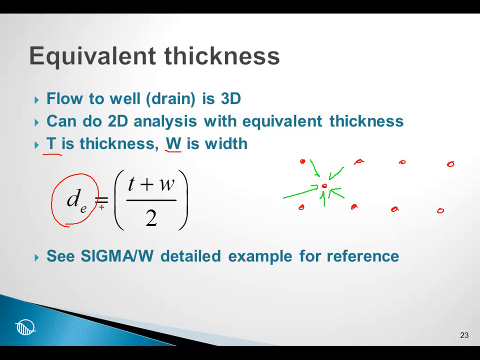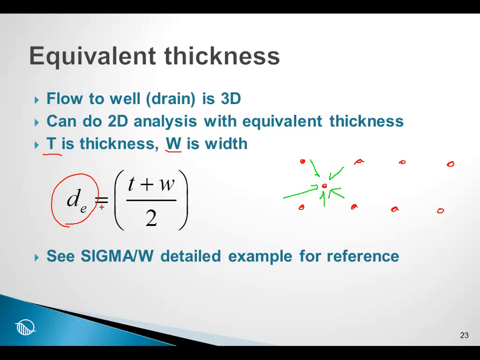For those of you who are interested in further details on this, I would refer you to our SIGMA/W detailed example that we ship with the software called Wick Drains. This example comes with a PDF document describing some of the additional details and considerations in an analysis.